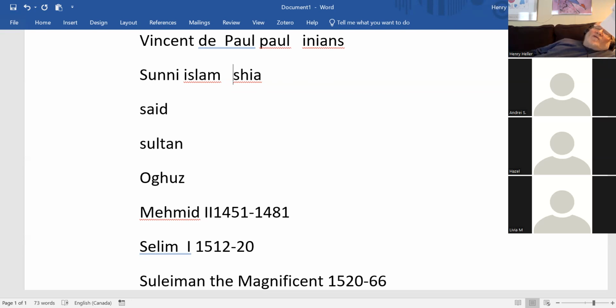There were no full property rights in Islam. And given that, the complete power of the state, and by the way, the markets were controlled. There were markets and many, many towns in the Ottoman Empire, but the markets were regulated by the state.